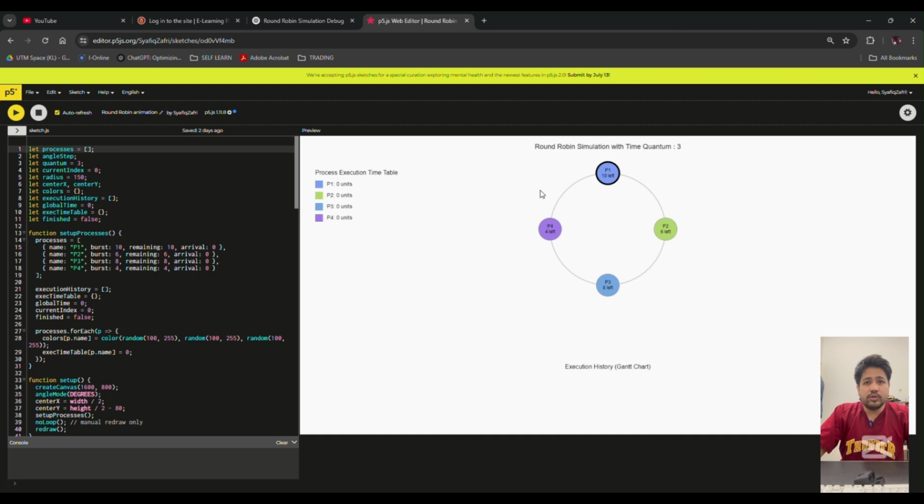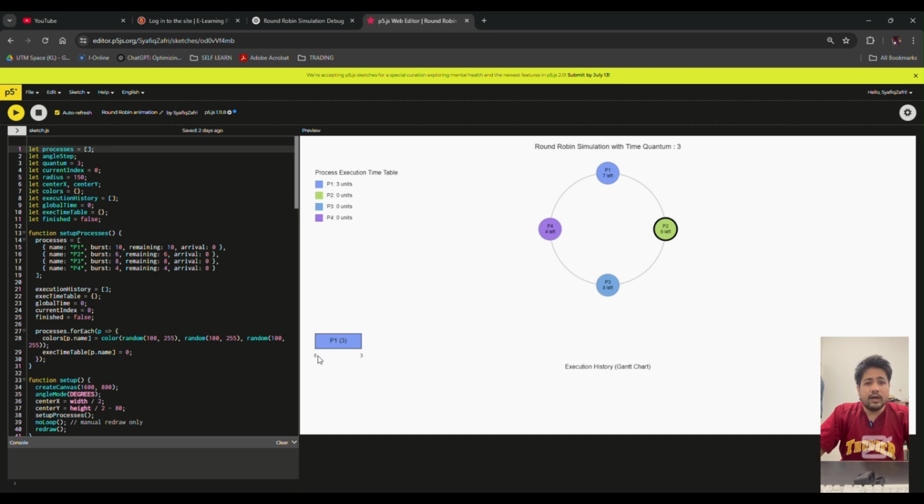As we know, it will preempt after 3 execution time, meaning that when it executes 3 cycles, it will preempt to the next process. Okay, so now we have the highlighted one at P1. So P1 is being executed in the processor.